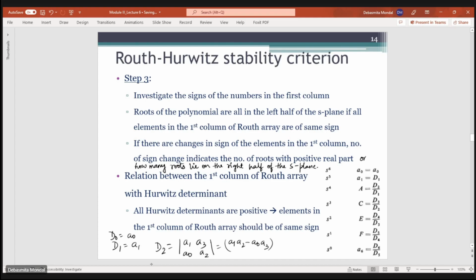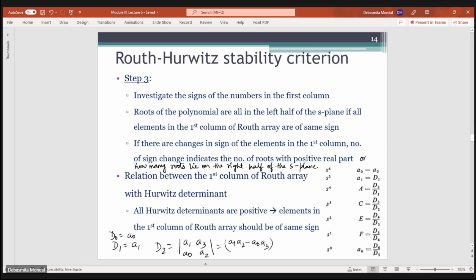So if you calculate these values, you will see that the first column of the Routh array is related to the Hurwitz determinants in this way: the third element will be equal to D2 by D1, the fourth element will be equal to D3 by D2. Here you see that we had told earlier that all the Hurwitz determinants should be positive.